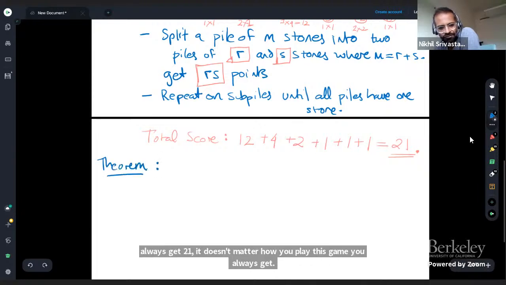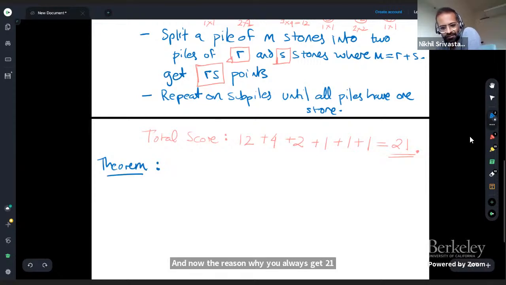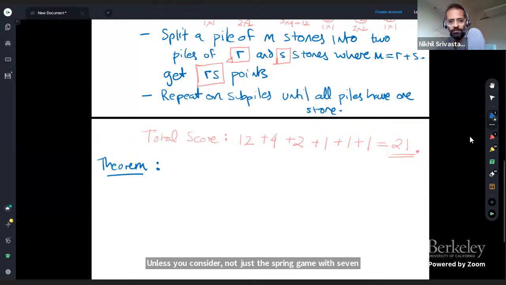And now the reason why you always get 21 is actually not clear unless you consider not just the splitting game with 7 stones, but you consider all possible splitting games with n stones for every n simultaneously.